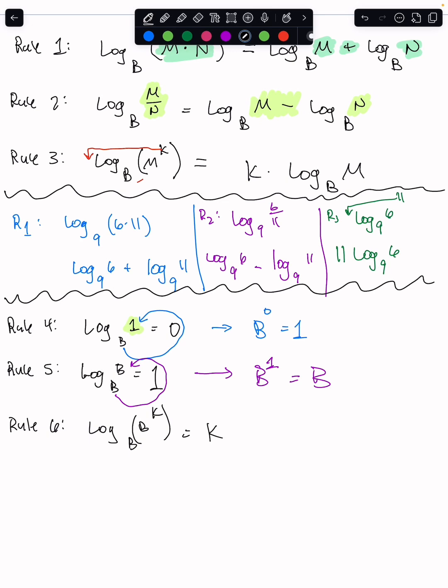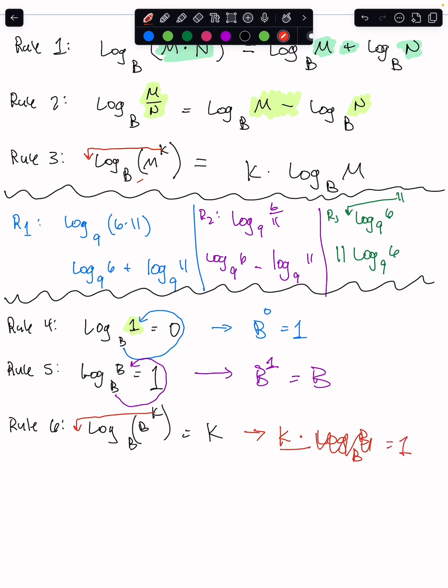And that makes sense because remember, when you have the third one, this drops to the front. This becomes k times log base b to the b. And in our rule that we just did, anytime you have a log to the base to that same number, it equals 1. So this actually equals 1.